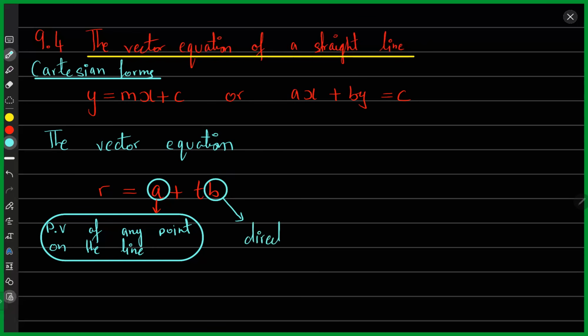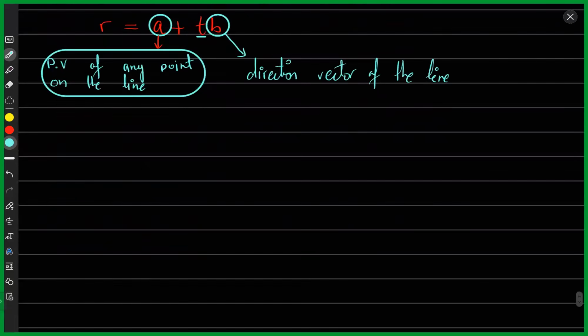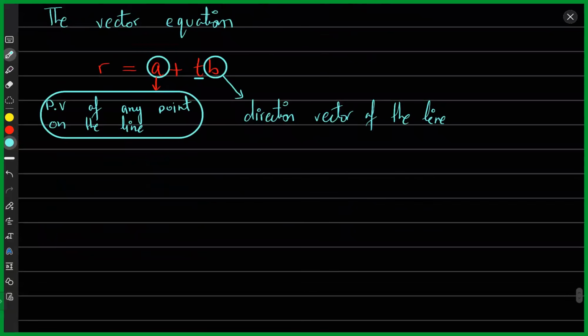It is the direction vector of the line, and t is just a constant. This t is just a scalar or a constant, okay? So I'll explain that later on. For now, let's talk about a few questions just so we get better at the idea. So this is in front of you, and let's talk about questions now.